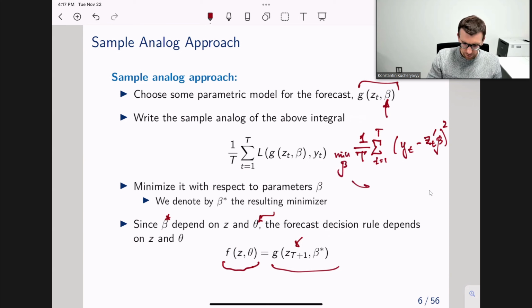And that results in the usual formula for the OLS. So here we make two assumptions. One assumption is about the loss, that it's quadratic. Another assumption is about the parametric model for the decision rule G.